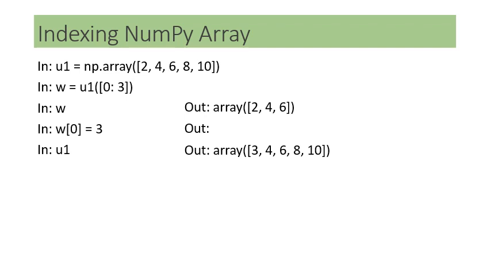So W, the output array from 0 to 3, could be 1, 2, 3. So 2, 4, 6 will be that. And then if your input is W equals 3, your output can be blank, and U1, the array will be 3, 4, 6, 8, and 10. So this is indexing the NumPy array.